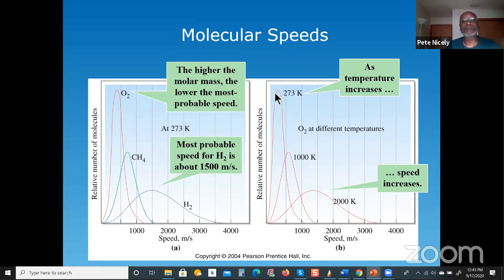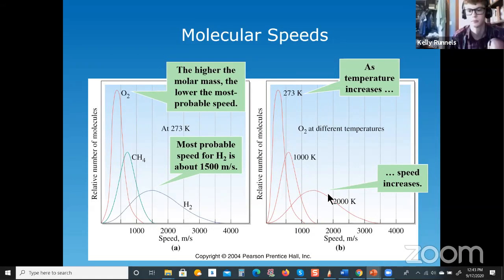That's another thing you'll notice too. As the temperature increases, the width, or range, maybe that's a better term, of the distribution increases. You have a few molecules that are moving very slow, and then as you follow this, it goes up to a maximum and falls off.